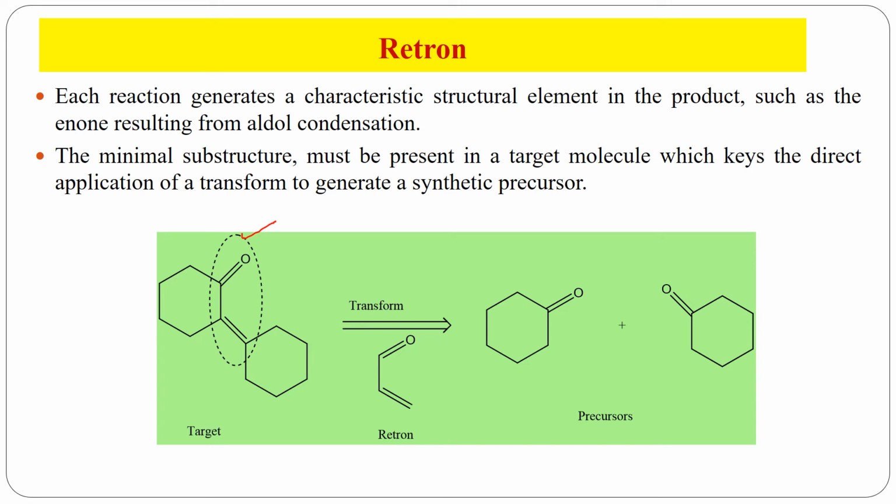So we know that this is an alpha beta unsaturated carbonyl compound, and alpha beta unsaturated carbonyl compounds are formed by the aldol condensation, and so the retron here is this enone. Usually we have to identify this retron to undergo any transformation or disconnection.